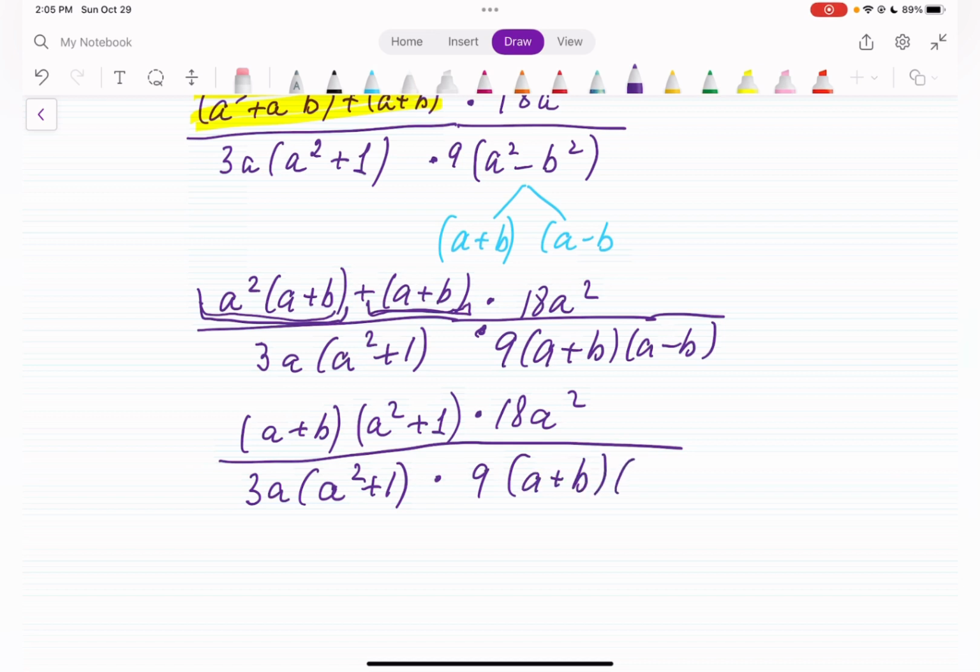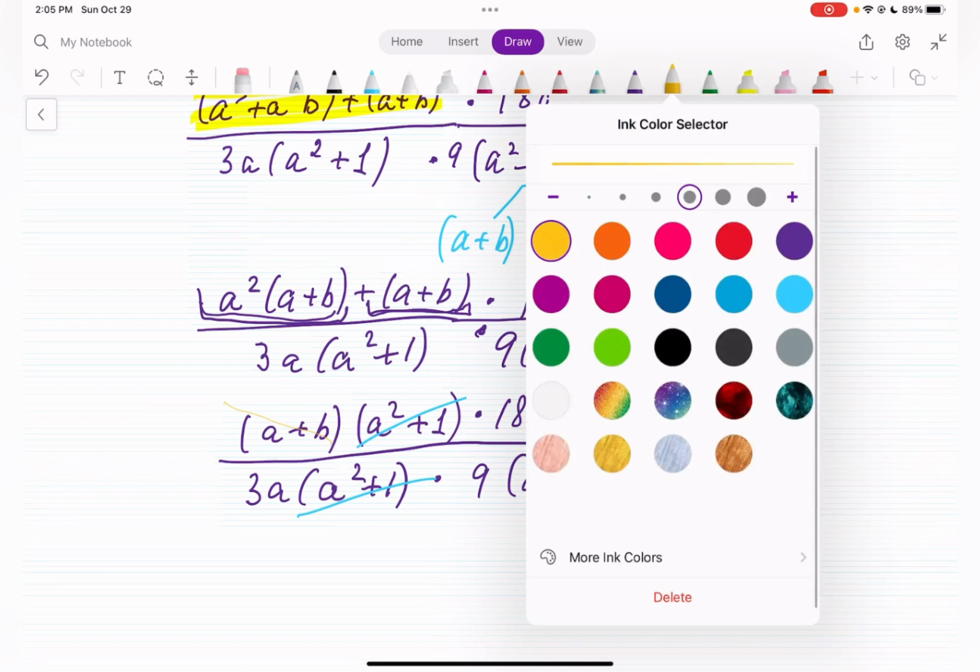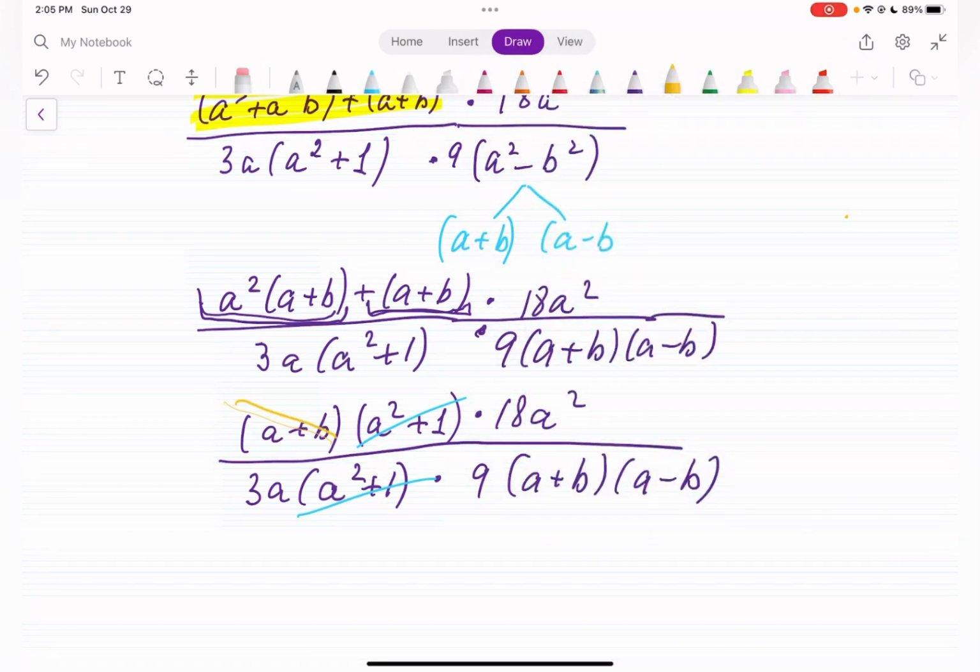A plus b, a minus b. Okay, and from here, what am I doing? A squared plus 1, a squared plus 1, canceling. And then a plus b canceling with a plus b.